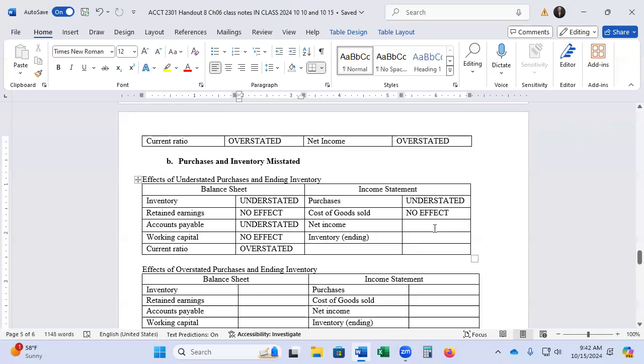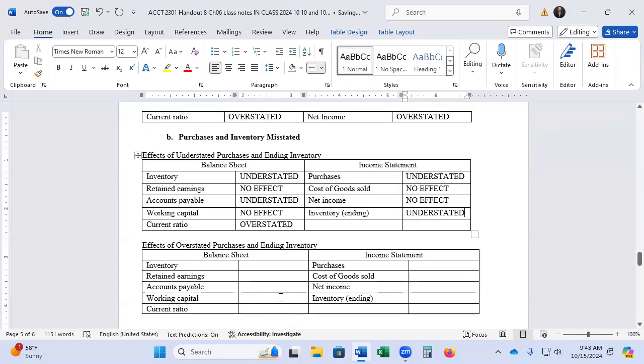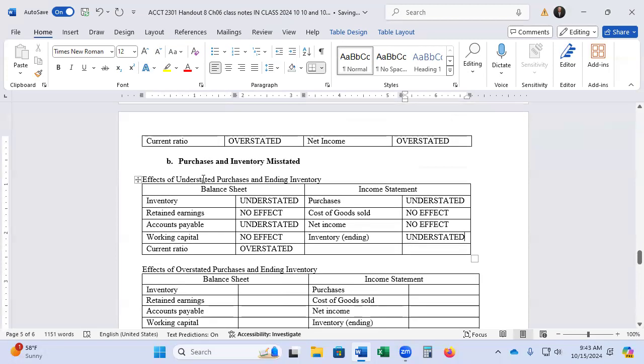Net income, no effect, right? Because it didn't affect cost of goods sold. And then your ending inventory is understated, because we don't have the purchases in there.